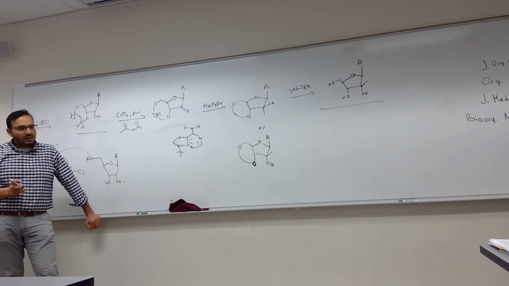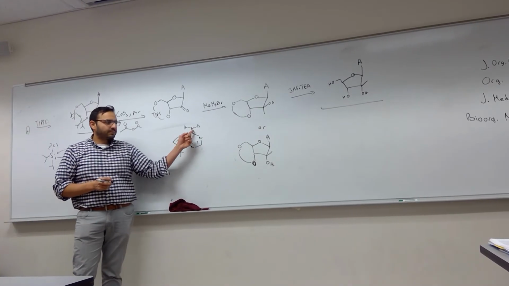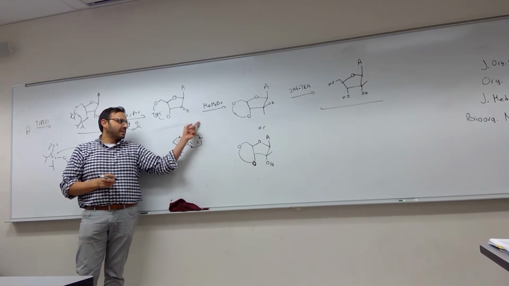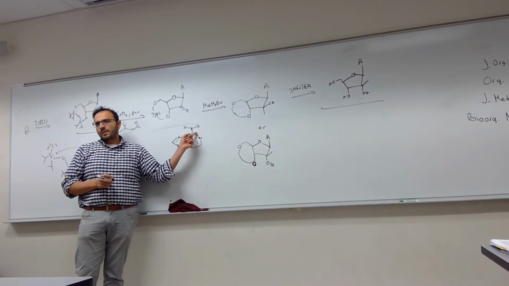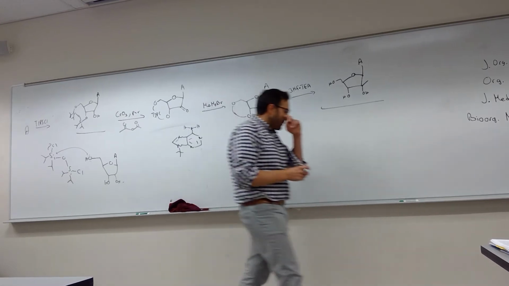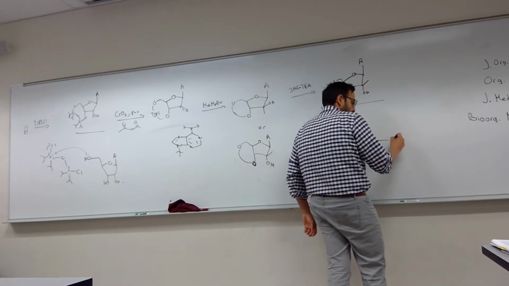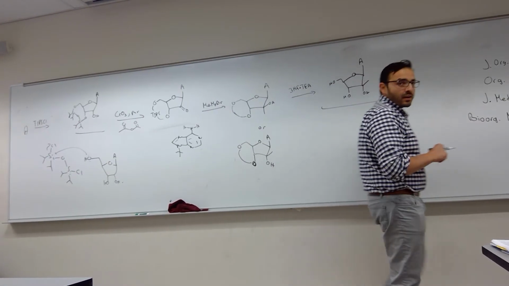With a Grignard, it is probably going to deprotonate. But the pKa of something like this is what? What's the pKa of a primary amine, you guys remember? Around 35.